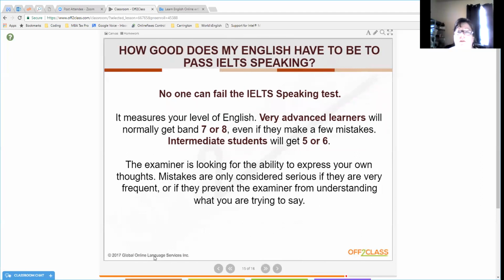Okay. How good does my English have to be to pass IELTS speaking? Has to be pretty good, depending on what you need to achieve. So if you are preparing to immigrate, you maybe are required to have, I don't know, have you looked into Canada's immigration?